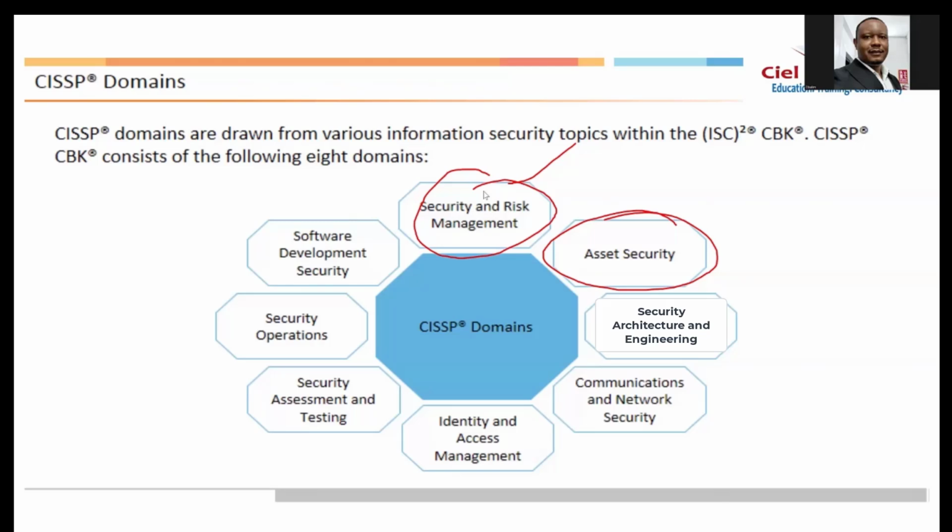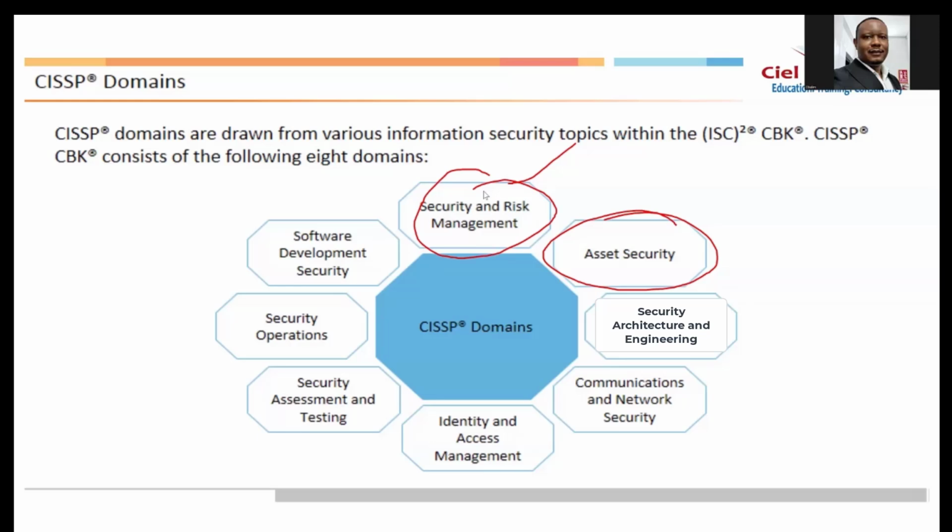But if you put a password and you don't leave it out in the open, and then you have control measures in place for people entering and leaving the organization, you are implementing what we call asset security. You are protecting something that is valuable to you. You are protecting not just the system, but also the data that is contained within the system as well. All of this is basically what asset security focuses on.